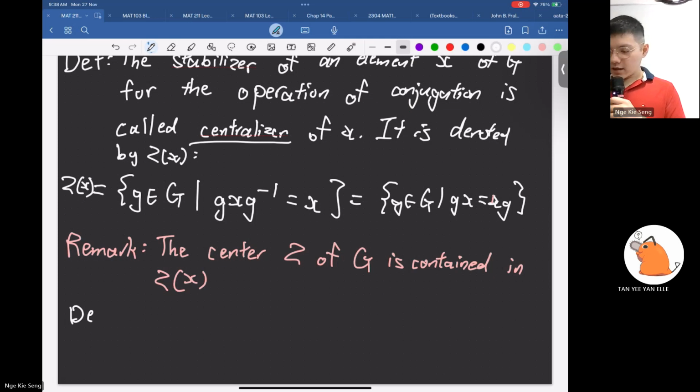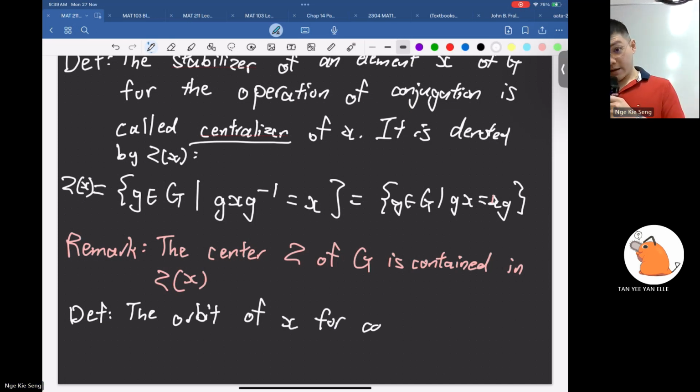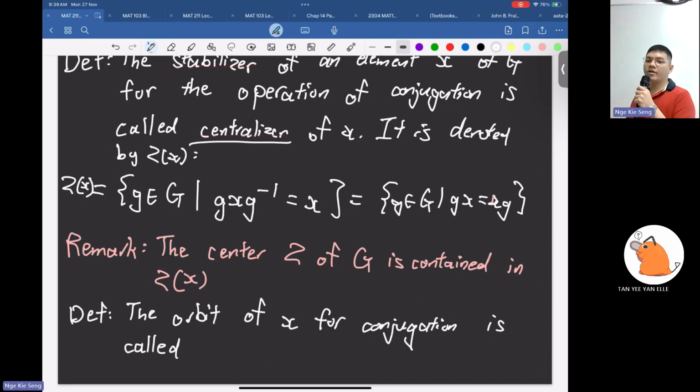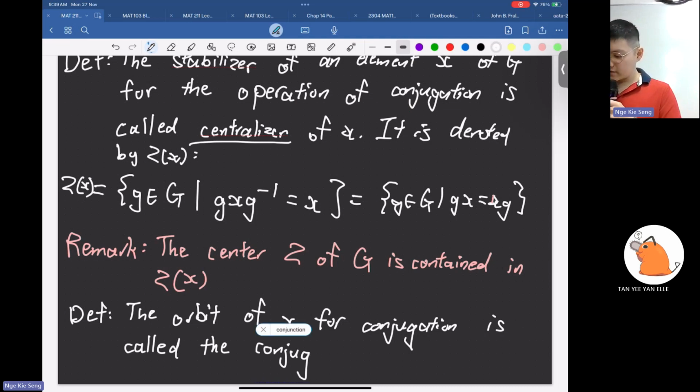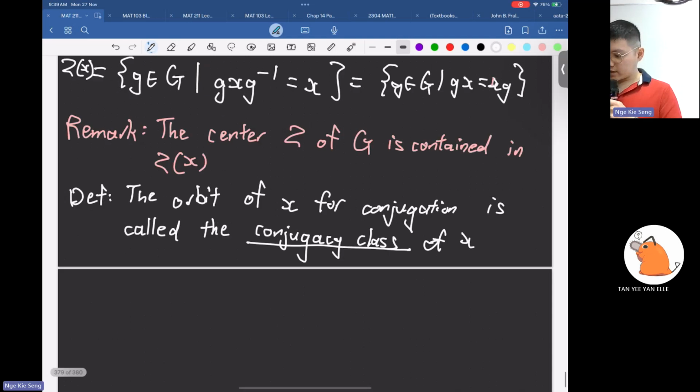Next, the orbit of this action is very important. It's very important in pure maths. So the orbit is all the places that you can go in your group by conjugation. This is called the conjugacy class of x. In your textbook, it will be denoted by Cx, C for conjugacy.